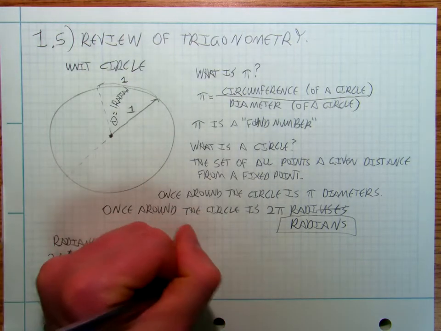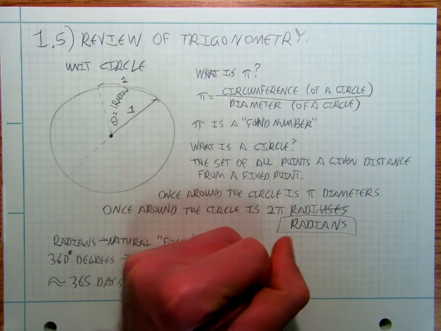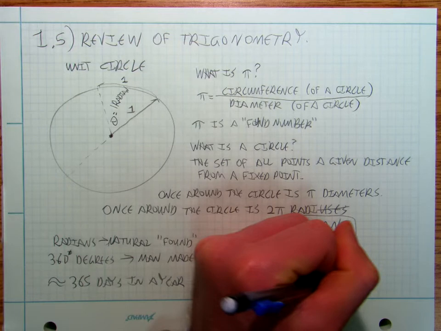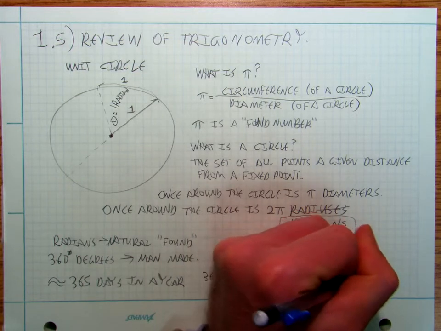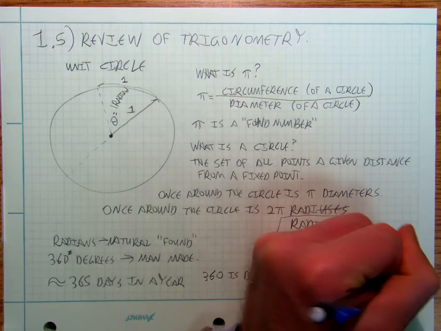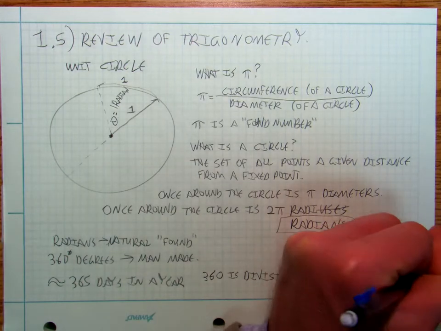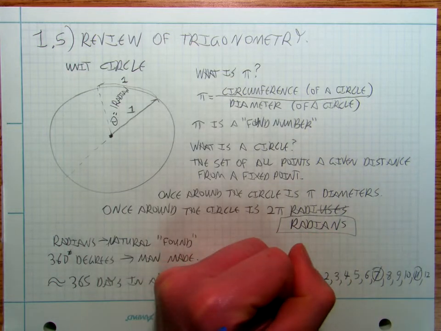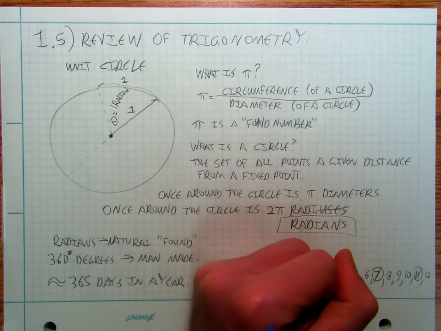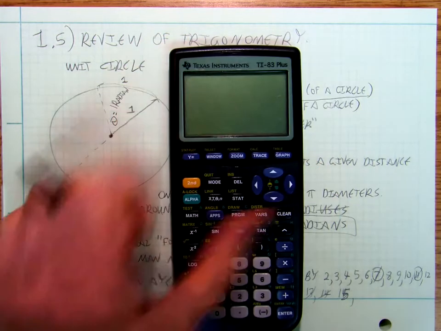And also 360 is divisible by 2, 3, 4, 5, 6, not 7, 8, 9, 10, not 11, 12, not 13 or 14, 15, 16, 360 divided by 16, probably not.